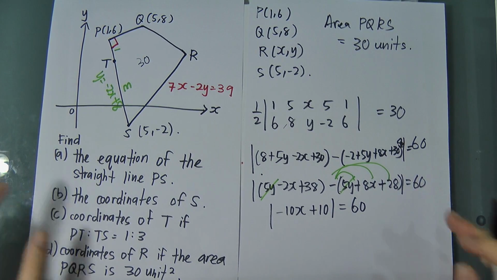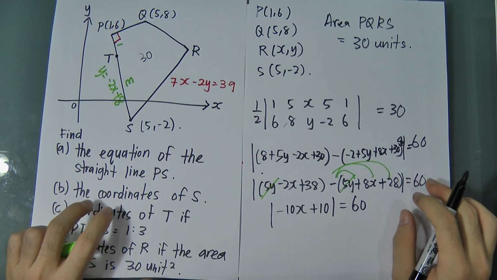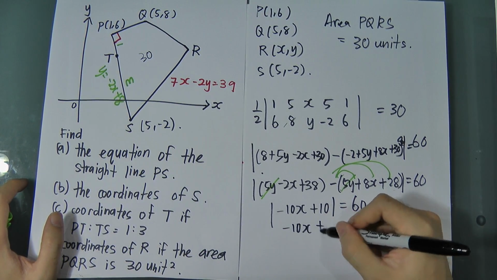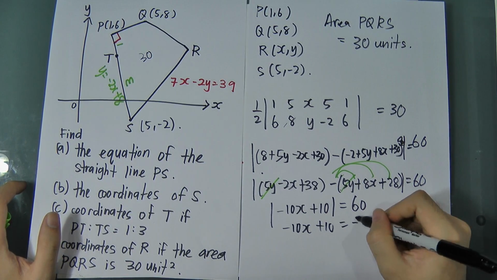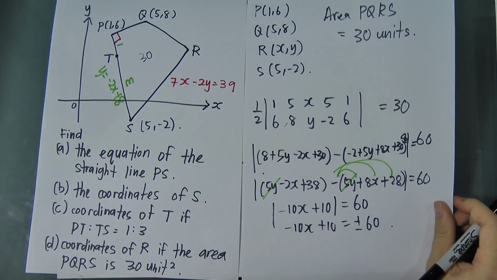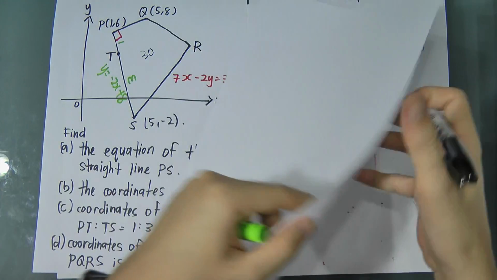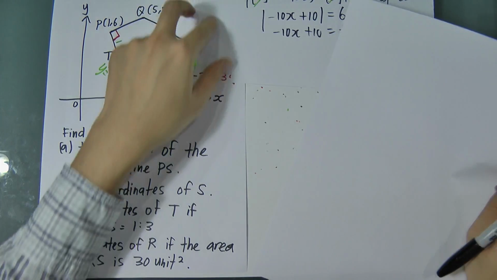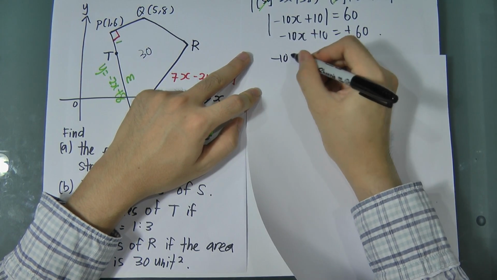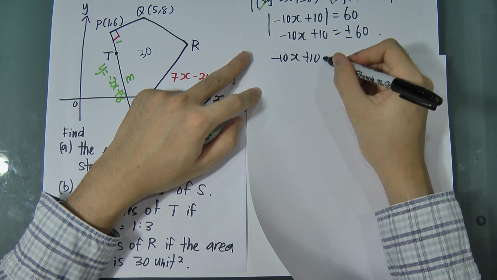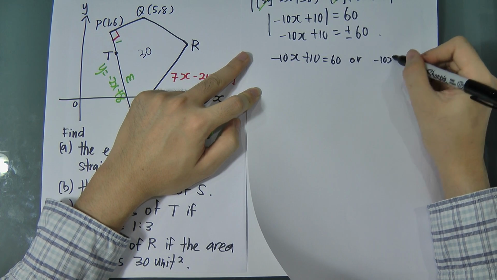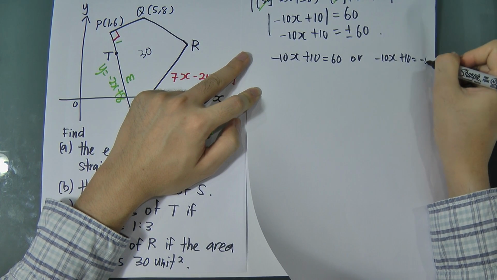Whenever you see this one, when you expand, it will give you positive or negative. So negative 10x plus 10, with no more modulus, you will get positive or negative 60. So you will have two answers for that. Let me continue this way. From here, we know negative 10x plus 10 equals 60, or negative 10x plus 10 equals negative 60.